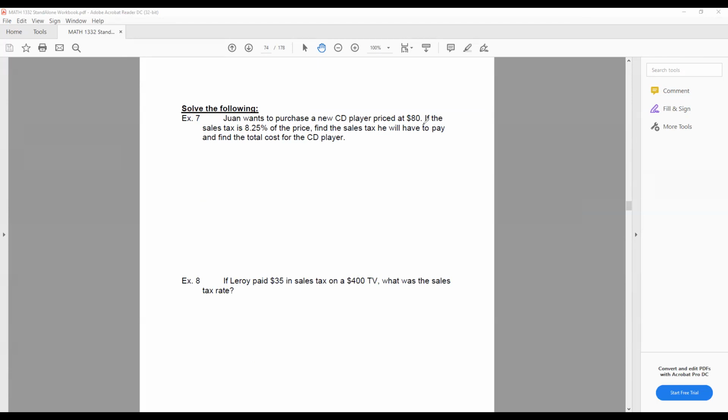Okay, so it's $80 plus tax, right? Whenever we go buy stuff, we always think about how much extra we need. So if you multiply the price by this percentage, that'll be the tax, and then you add it to the 80.